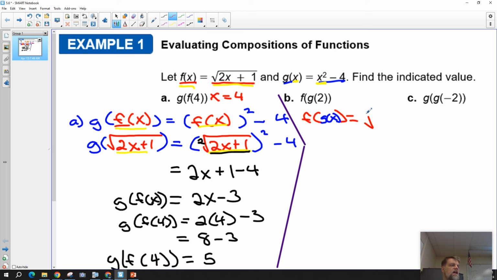So remember that f is 2 times x, but instead of x, I'm going to plug in g of x, plus 1. So now, wherever there's an x, I'm plugging in g of x.